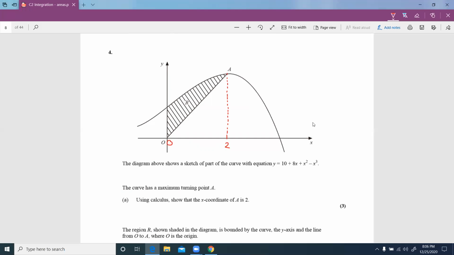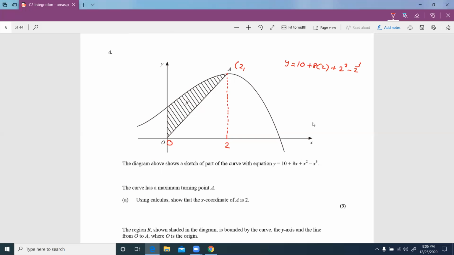If you need to find the y coordinate, how do you find it? The x coordinate is 2, clearly we know this answer. So you can just substitute 2 into this function. Later on, you'll understand why I'm finding this y coordinate. That is 10, plus 8 into 2 is 16, plus 2 squared is 4, minus 2 cubed is 8.